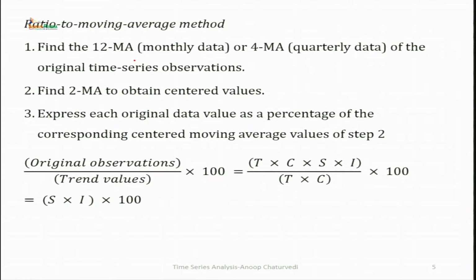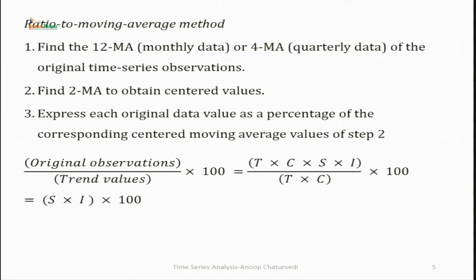Then to center the values, we further obtain a 2 MA, meaning a moving average of period 2. Then we express each original data value as a percentage of the corresponding centered moving average value found in step 2. So, you have original observations.